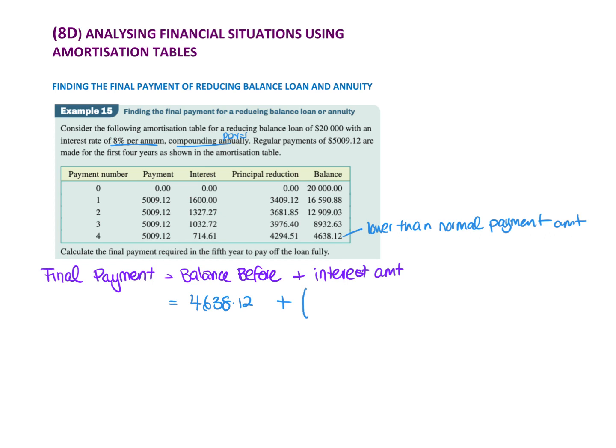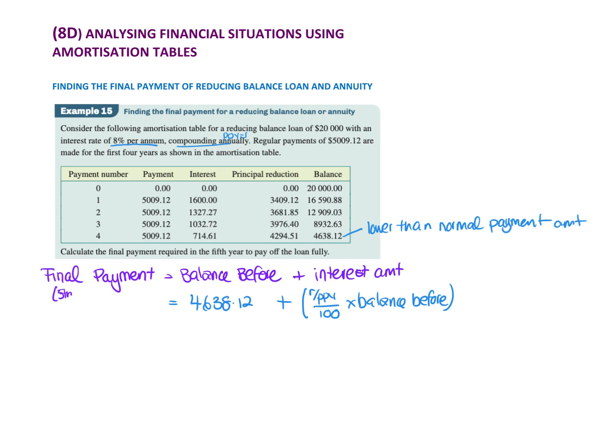Do you remember, the interest amount is found by R over PPY over 100 times the balance before. This is the 5th year, so you might want to write that there.